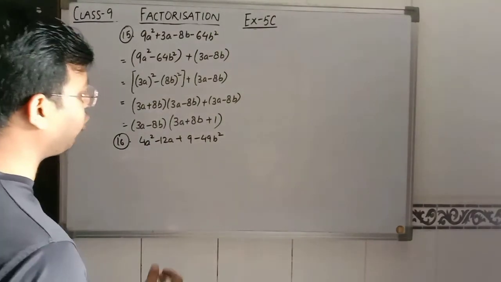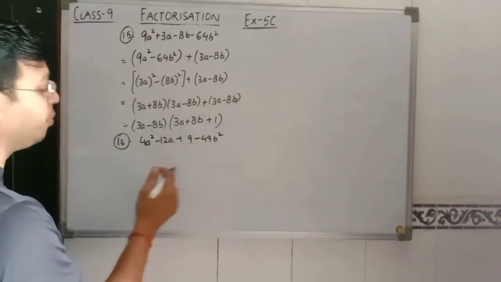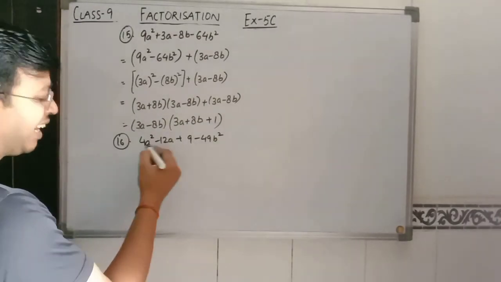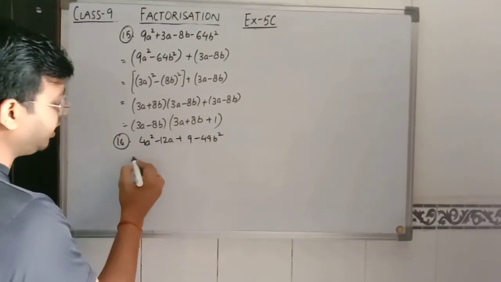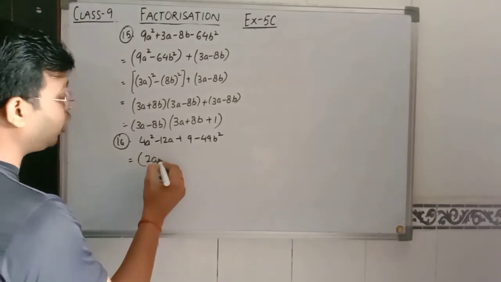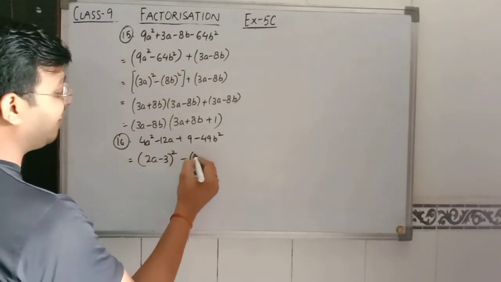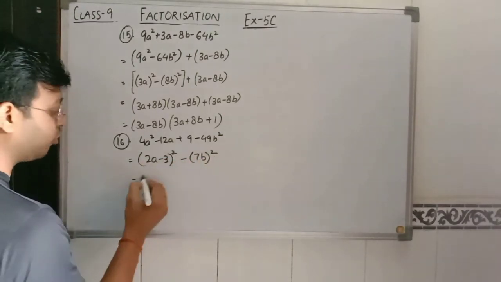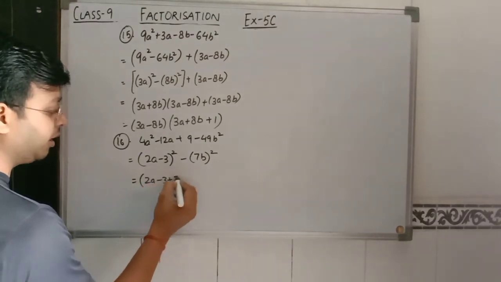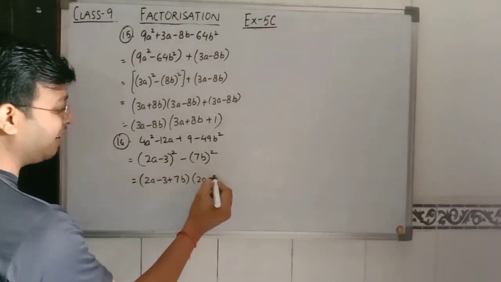Maybe by mistake I have told you this question before. So maybe again I am telling you. These three terms are forming the identity of 2a minus 3 whole square, and this is forming the identity of 7b whole square. So a plus b and a minus b.